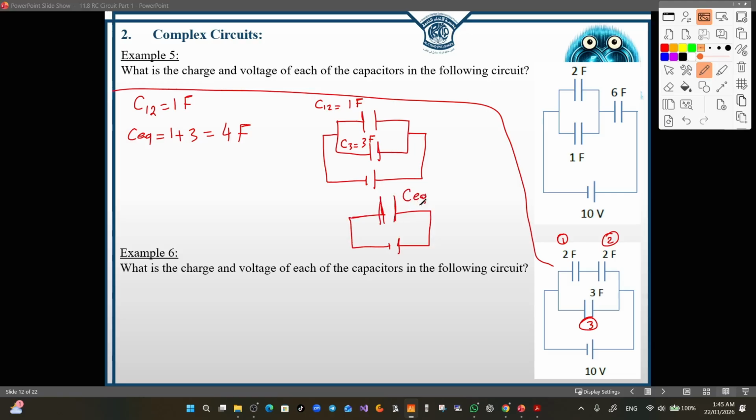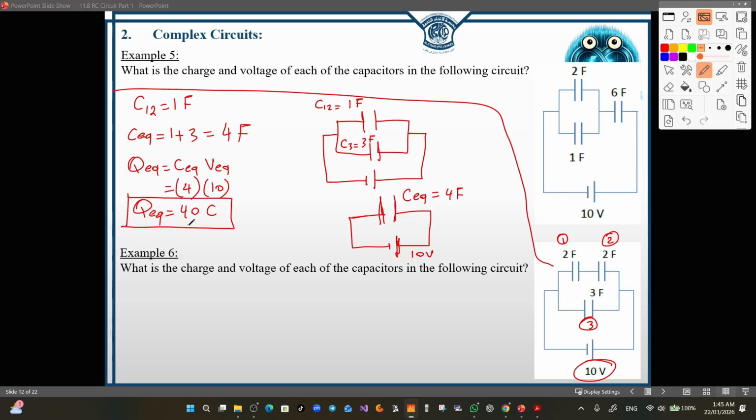Now the C equivalent is connected in parallel with the battery. The battery has 10 volts. So the potential difference across this C equivalent is 10 volts, and the Q of the equivalent equals C equivalent times V equivalent. The C equivalent is 4, the voltage is 10, and the charge is 40 coulombs.